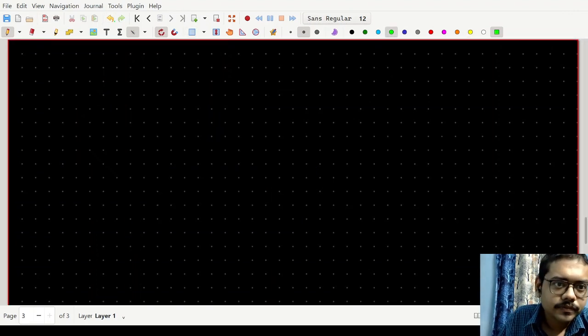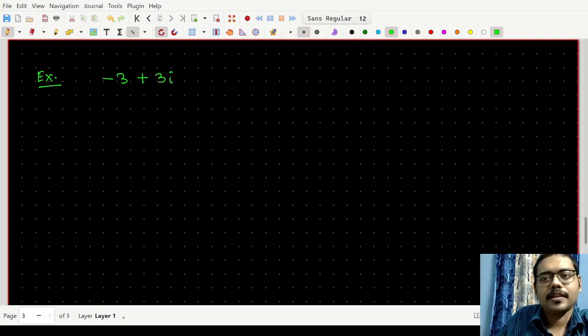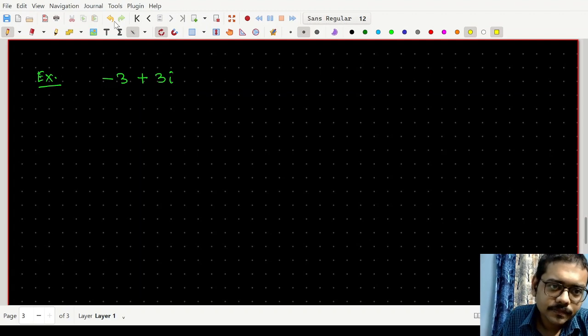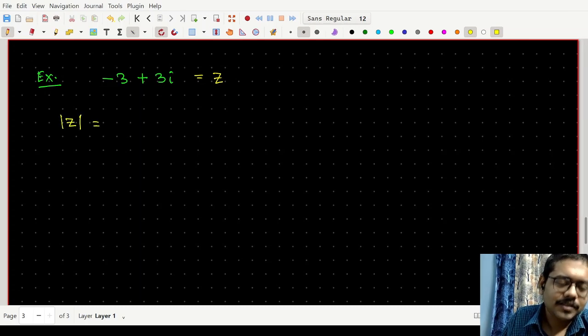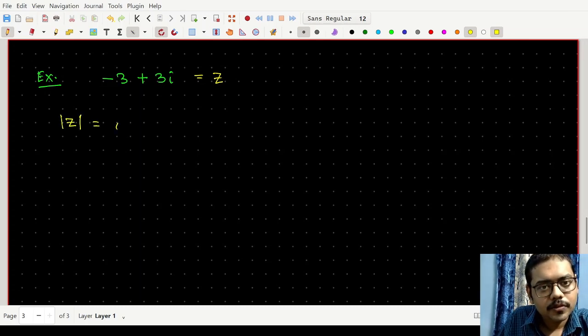So here is one example. We have this complex number minus 3 plus 3 times i, and we will represent it in the modulus argument form. So we shall call this number z, and what is the modulus of this z?